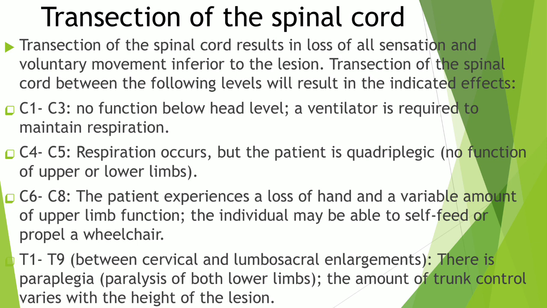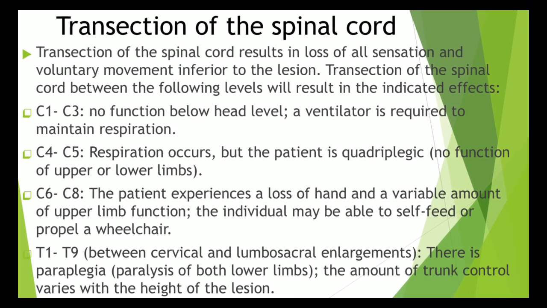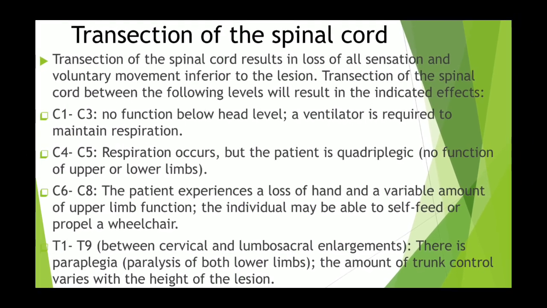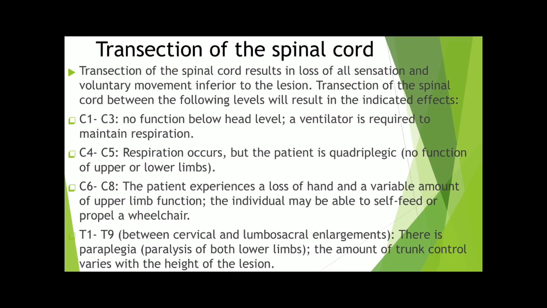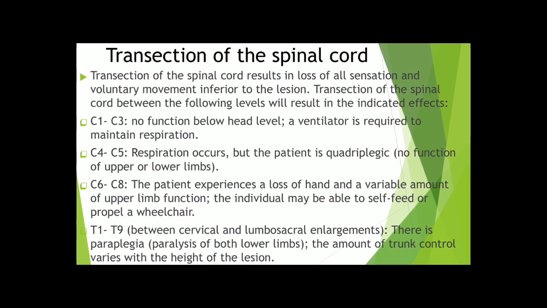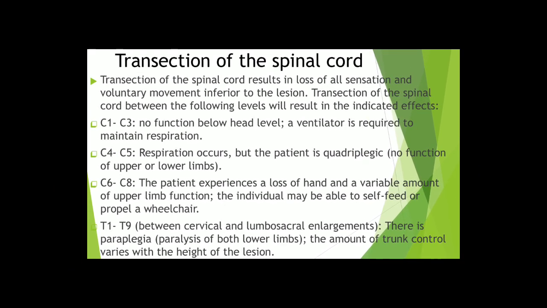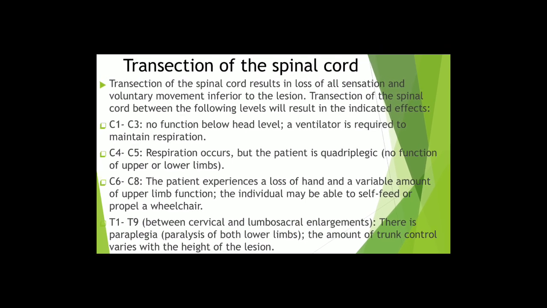The person may be able to self-feed or propel a wheelchair. He or she may be able to feed himself or herself depending on the exact level where that lesion occurred, and might be able to propel a wheelchair. So he has a variable level of limb movement. It depends on the level.